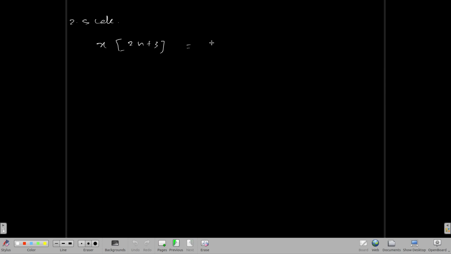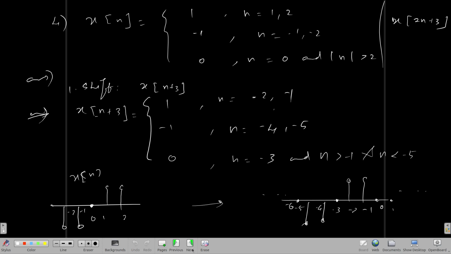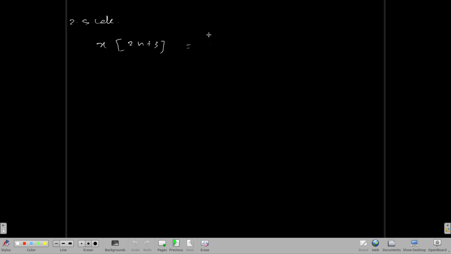So this was from -2 and -1, right? For 1 it was from n equal to -2 and -1, right? So what will this become? This will become -1 and this will become -1 by 2. And for -1 it was n equal to, what was it? -4 and -5.